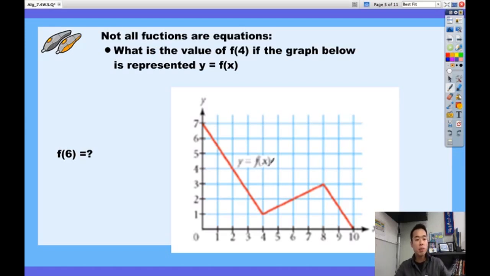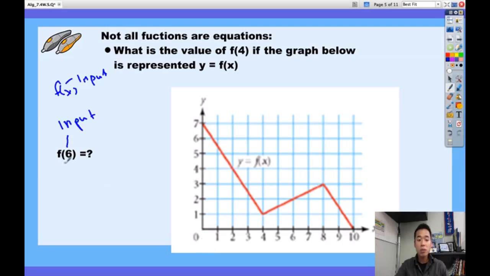But what happens when you have over here f of 6? There's no equation for me to put it in. So I know that this right here is input. When you have f of x earlier, that is the same thing. x is my input. So f of 6, I know that's input. Input can be viewed as independent variable or the x-axis.